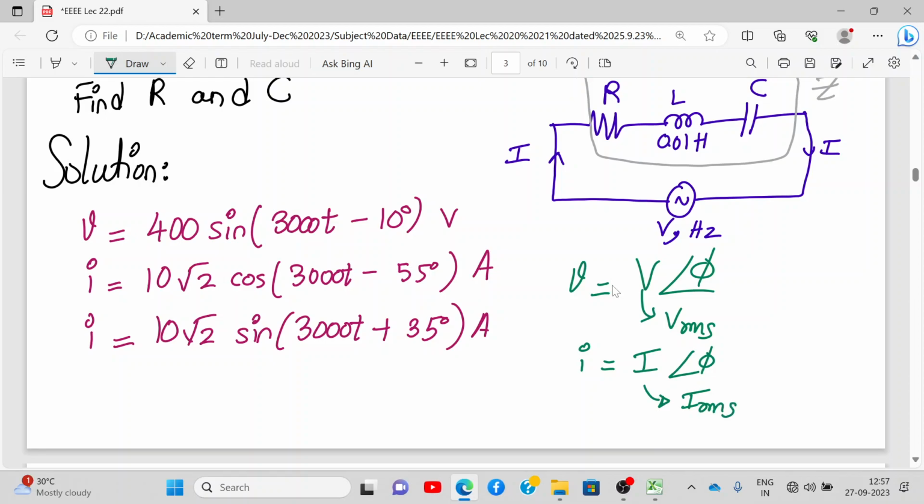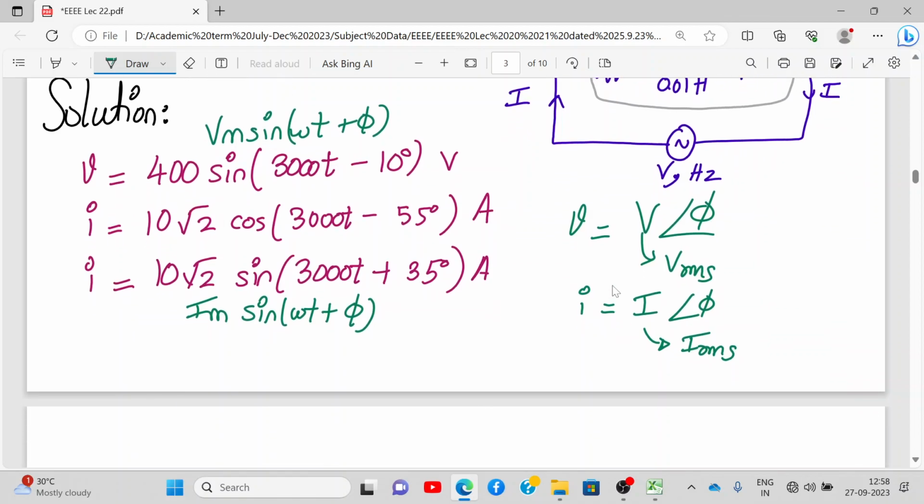Got it? This is in the form Vm sine(omega t plus phi), and this is in the form Im sine(omega t plus phi). Here phi is minus 10, here phi is 35. Are you getting it? Now please listen.